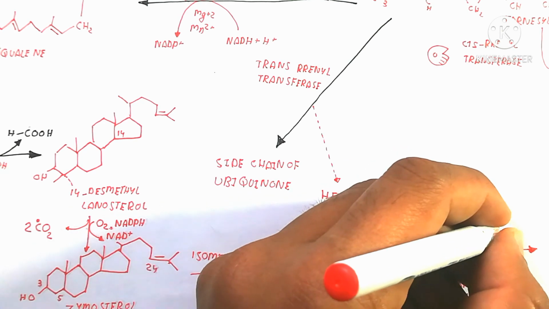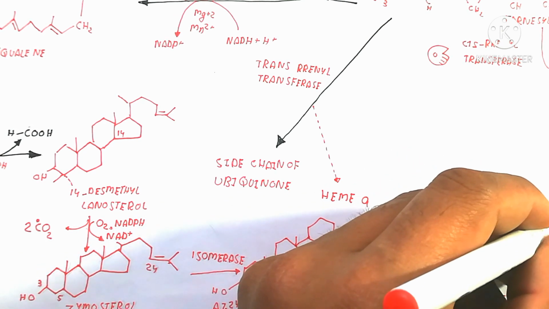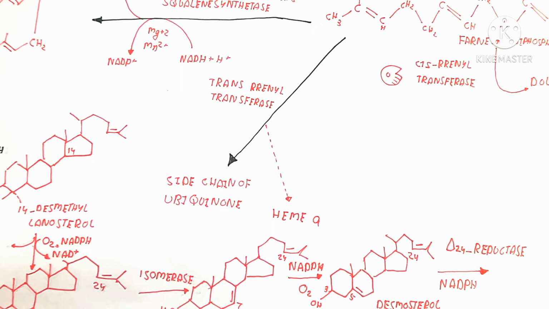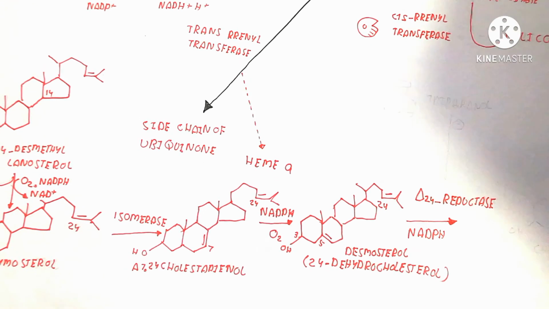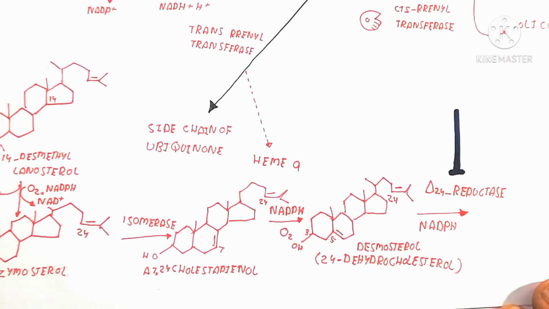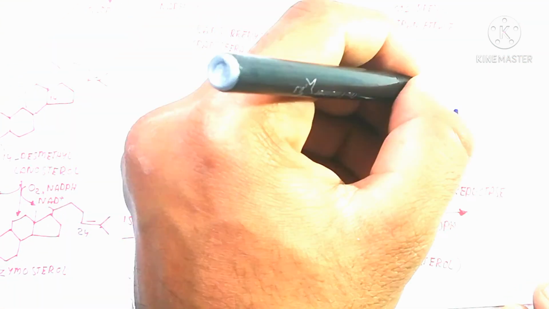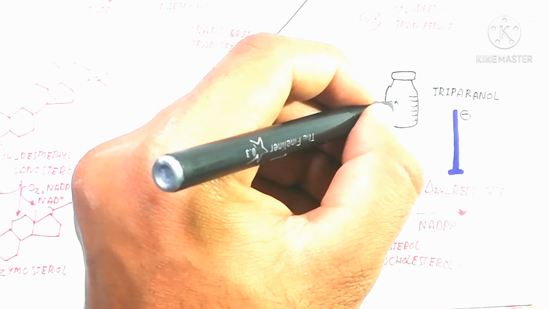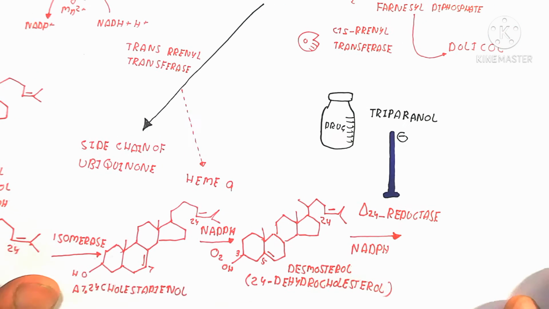desmosterol, and 24-dehydrocholesterol. Carbon number 24 contains a double bond. It means the chain is going down, and there is a 24 to go.